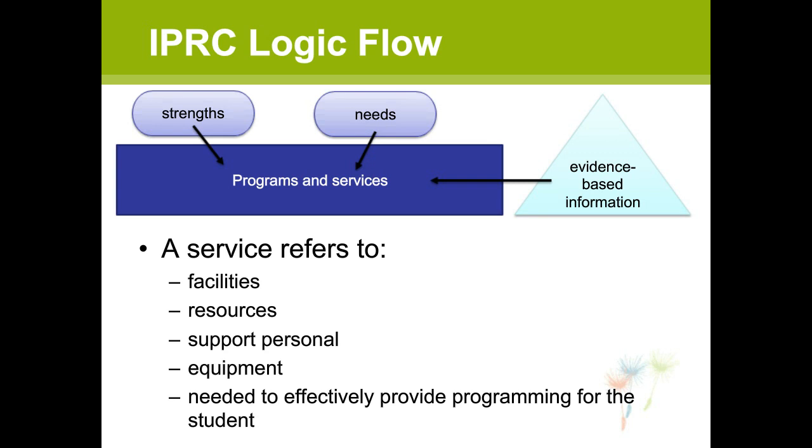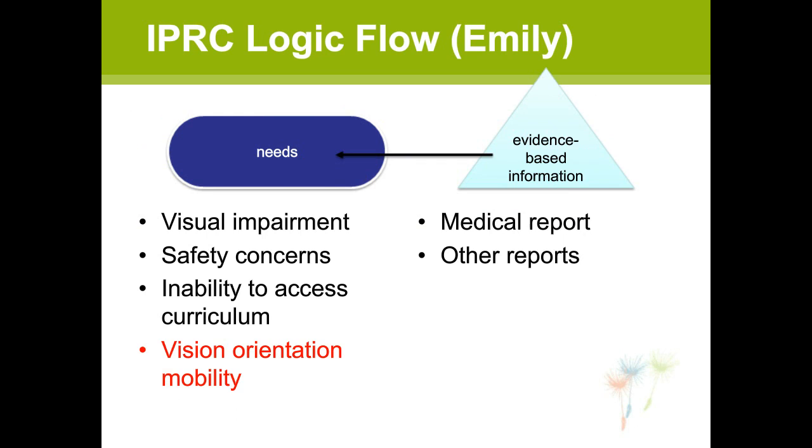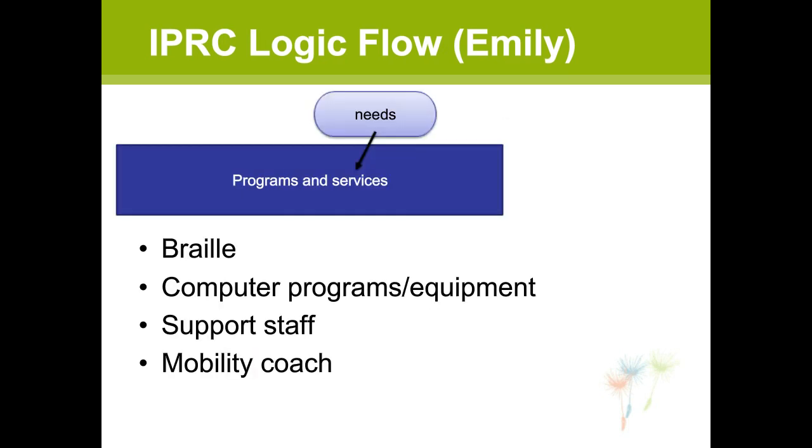So now if we again think about Emily, if we look at the evidence, we have medical reports and other reports. When we look at her needs, we talked about visual impairment, safety concerns, inability to access curriculum. So now in terms of programs and services, we're looking at braille, computer programs and equipment, support staff, something boards we often call mobility coach.